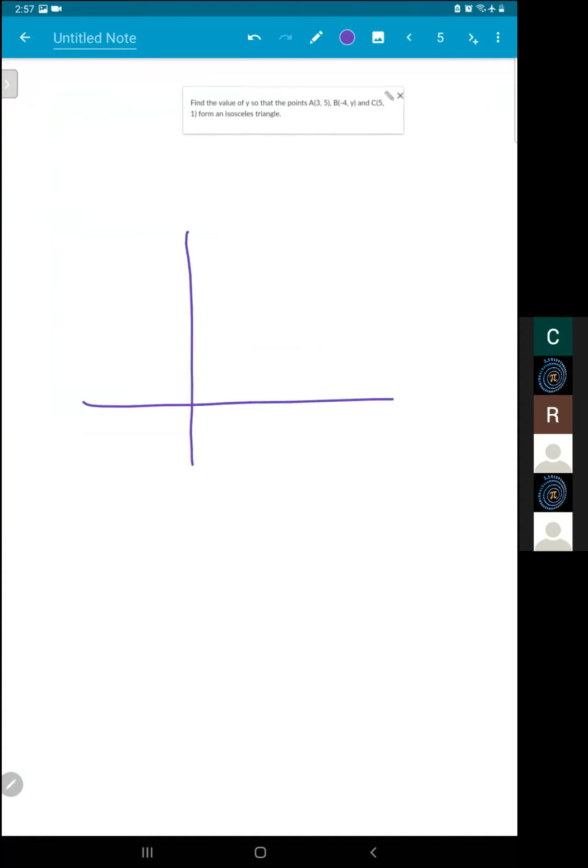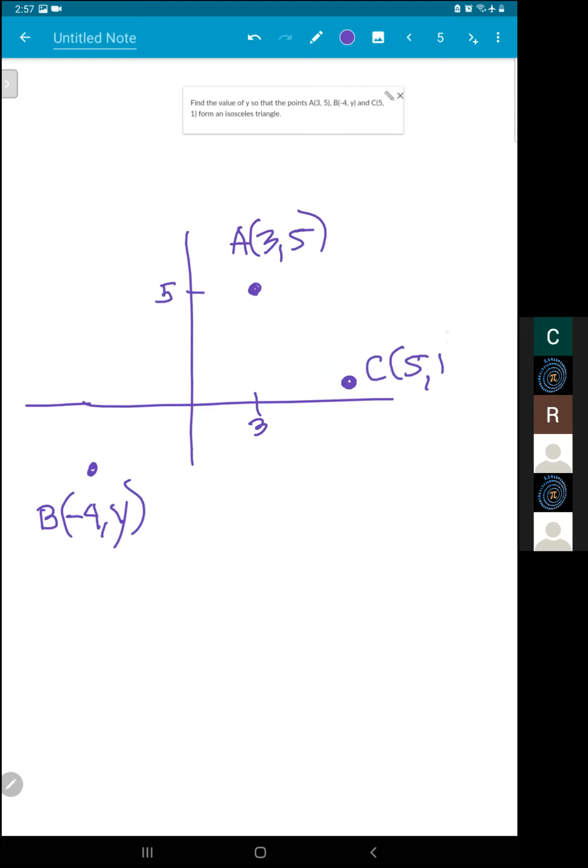Okay, find the value of y so that the points A(3, 5), B(-4, y), and C(5, 1) form an isosceles triangle.